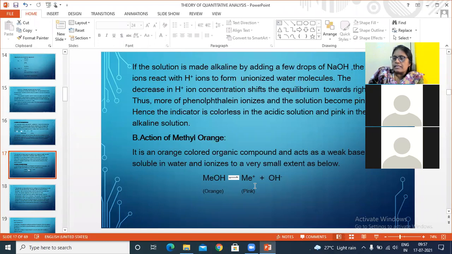As the concentration increases, the OH minus ions suppress the dissociation of methyl orange indicator. The dissociation is going to be stopped, or the reaction shifts towards the left side, or the backward reaction is favored.